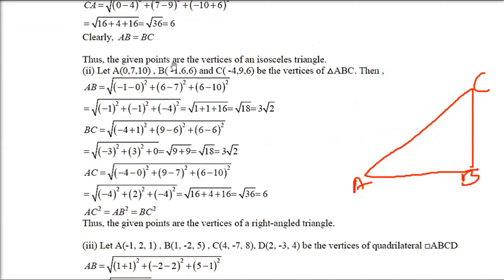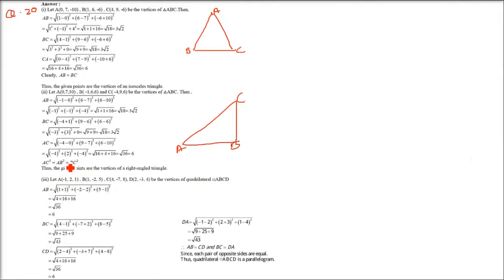So AB, BC, AC, if you find out, AB and BC will be 3 root 2 and AC will be 6. 6 is higher than 3 root 2 and 3 root 2. So take the 6 square and take the addition of squares of the other 2, that is 3 root 2 whole square, 3 root 2 whole square, and 3 root 2 whole square is 18, 18 plus 18 is 36. So it becomes equal. AC square equals AB square plus BC square. So that means this is indeed a right angle triangle.